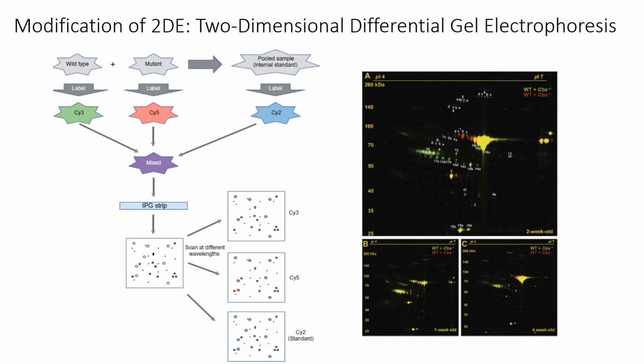For example, in this case here, we have wild type labeled with Cy3 and the mutant labeled with Cy5, and also we have the internal standard, the pooled sample, labeled with Cy2, mixed together, then IPG strip, and then after that we have the second dimension, and then we scan the gel at different wavelengths, so we'll be able to see the Cy2, Cy5, Cy3, and then we can compare the expression level directly.